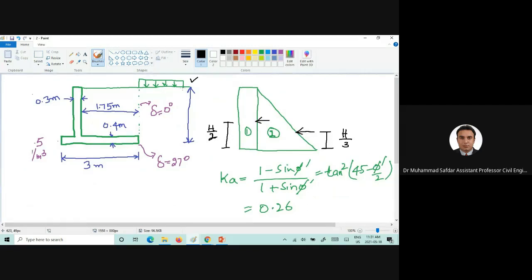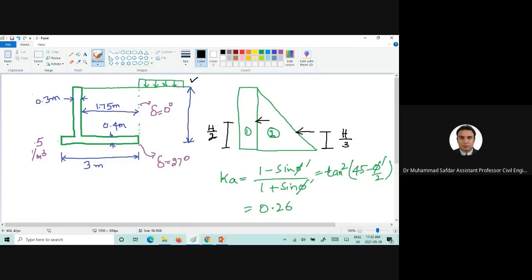Then we need to find out the lever arm, and then we need to find out the moments. In order to construct that table, then we will find the overturning mode of failure, and also the sliding limit state or overturning limit state.